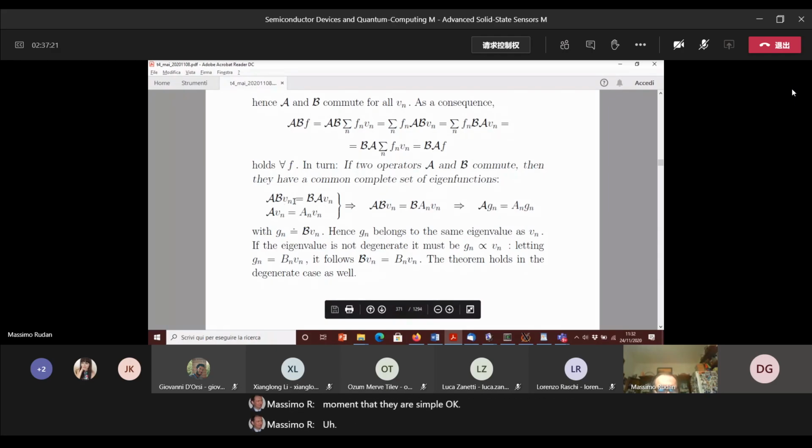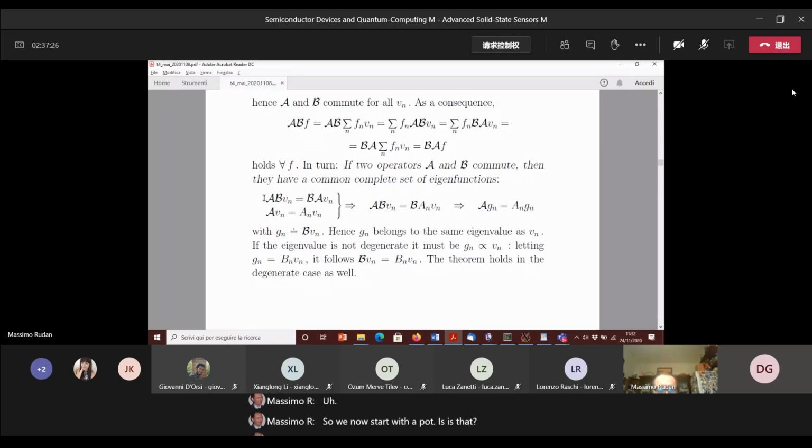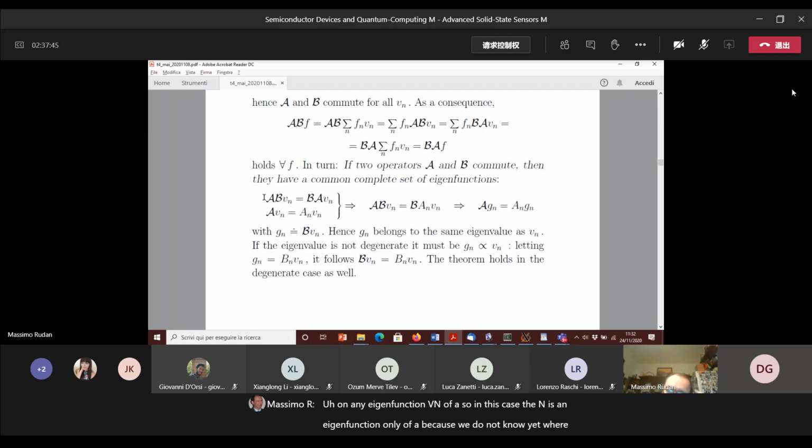So we now start with the hypothesis that A and B commute, and we apply this property of them on any eigenfunction Vn of A. So in this case, Vn is an eigenfunction only of A, because we do not know yet whether the two operators have a common set of eigenfunctions. But A Vn gives An times Vn, because Vn is an eigenfunction of A, okay?